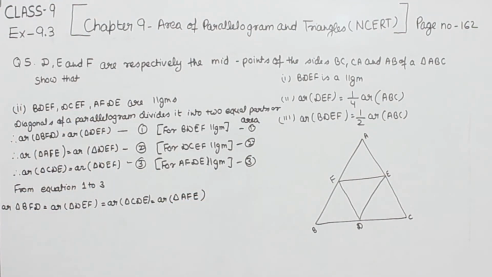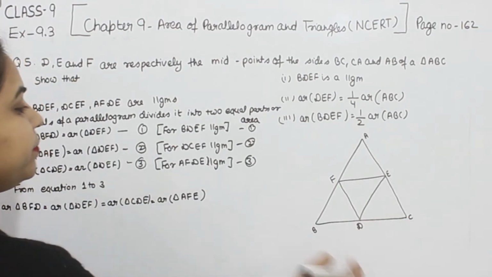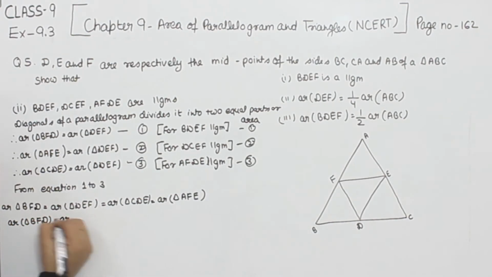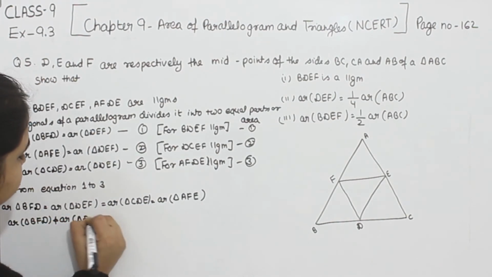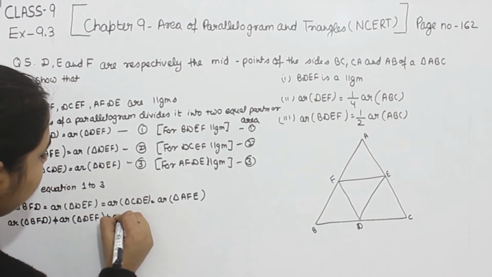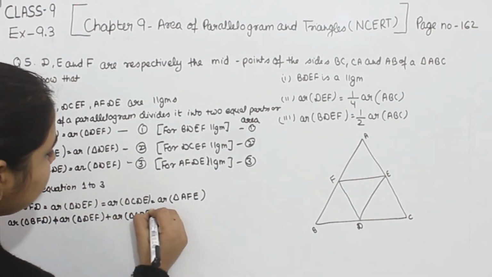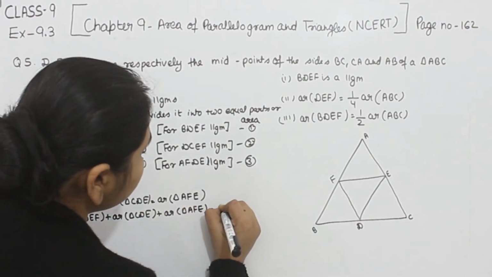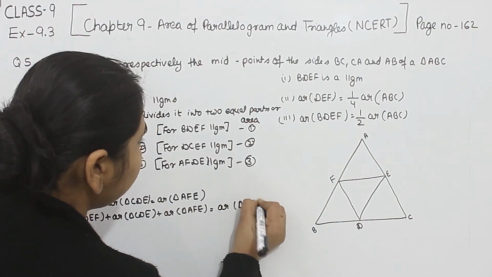So according to this, all four of them are equal to each other. When we add them, they are equal to triangle ABC. So the area of triangle BFD plus area of triangle DEF plus area of triangle CDE plus area of triangle AFE is equal to the area of triangle ABC.